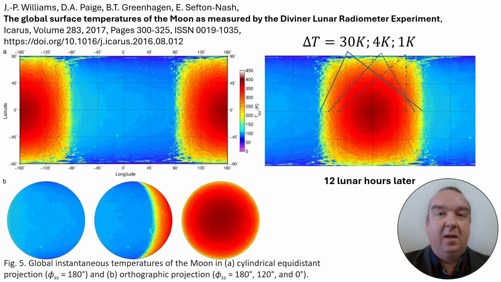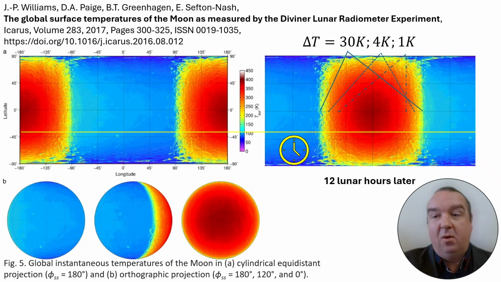So at 8 a.m. and at 4 p.m., the temperature difference is only 1 Kelvin. 8 a.m. and 4 p.m. is at an incident angle of 60 degrees. So we can say that the temperature on the Moon can be described by latitude and the local time, what is on the clock on the Moon.